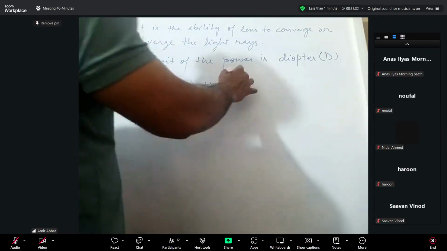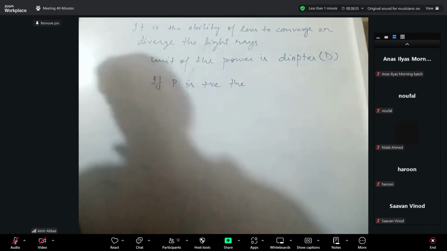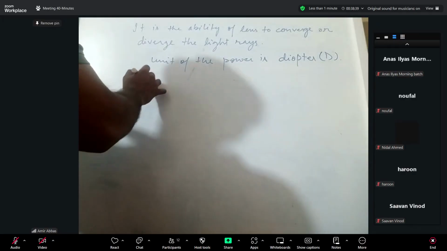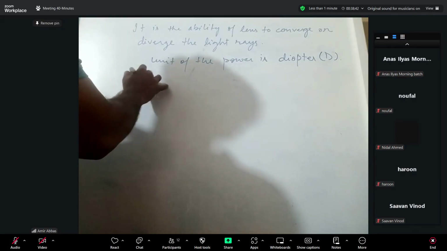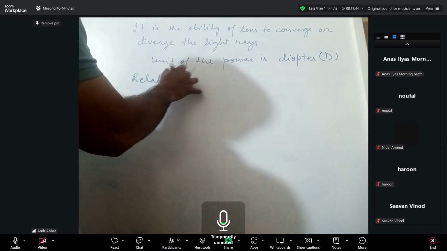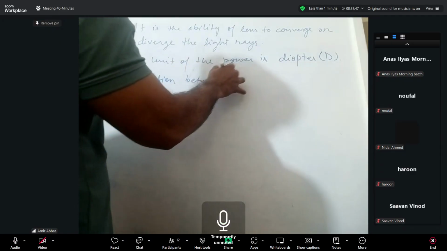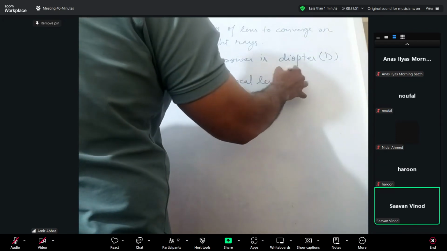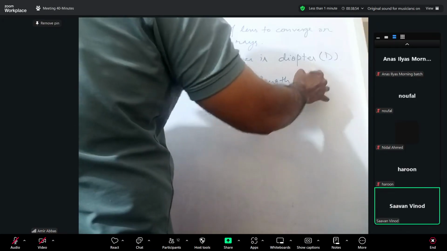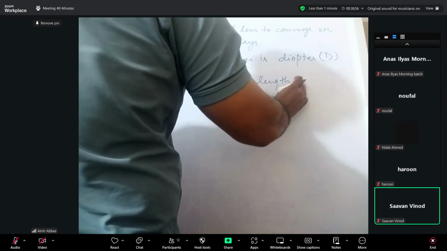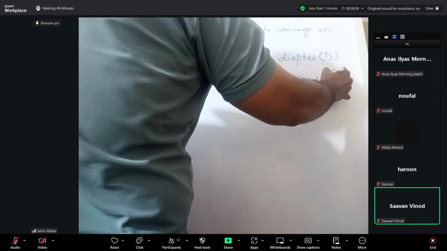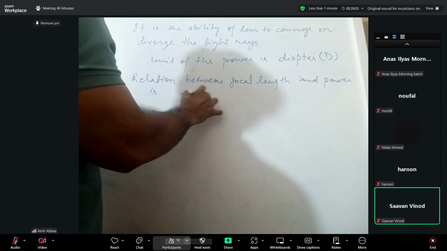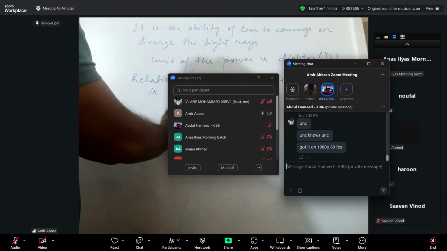Before that, if you know the relation between focal length and power, then you can determine it. The relation between focal length and power is P equals 1 by F, for a lens.